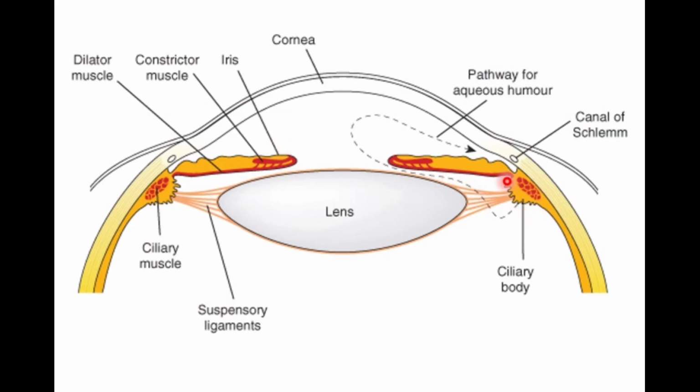The circular muscle of the iris is important in regulating the intraocular pressure. Aqueous humor is secreted by the cells of epithelium covering the ciliary body, and it drains into the canal of Schlemm.